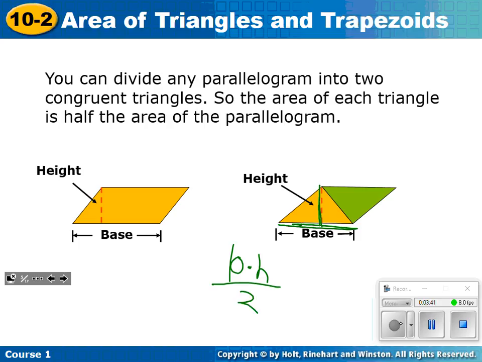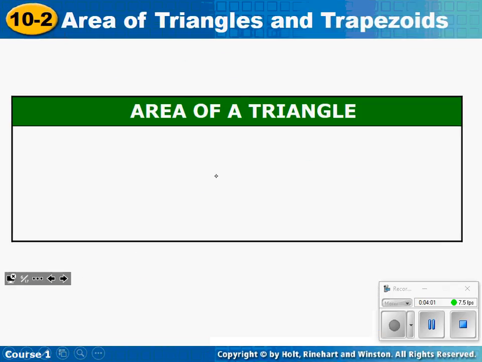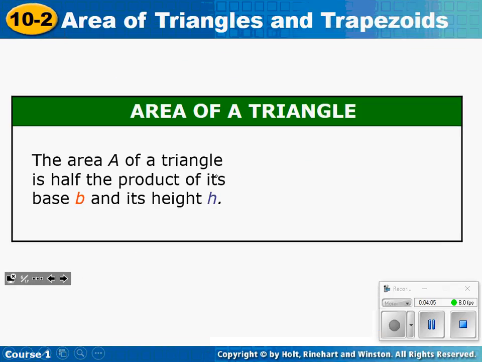Or, to write it another way, 1/2 times the base times the height, to get the area of a triangle. That might be above some of you, but area of a triangle is half the product of the base times the height.